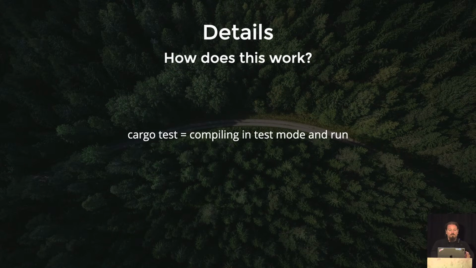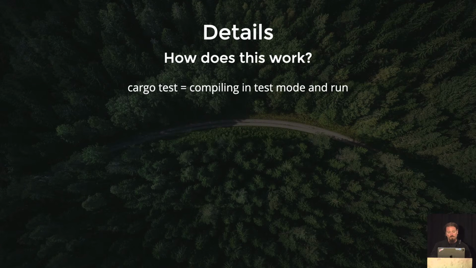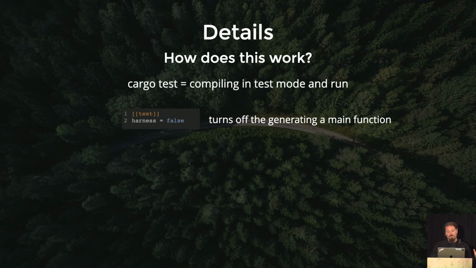All right, so a few details about how this works. When you are doing cargo test unrelated to testar, what it's doing is it's compiling your code in test mode, which is something you can detect using this conditional cfg test. And then it generates a special main function that runs the test. So what I said, we have to turn off the test harness using harness equals false. That turns off generating this main function, basically.